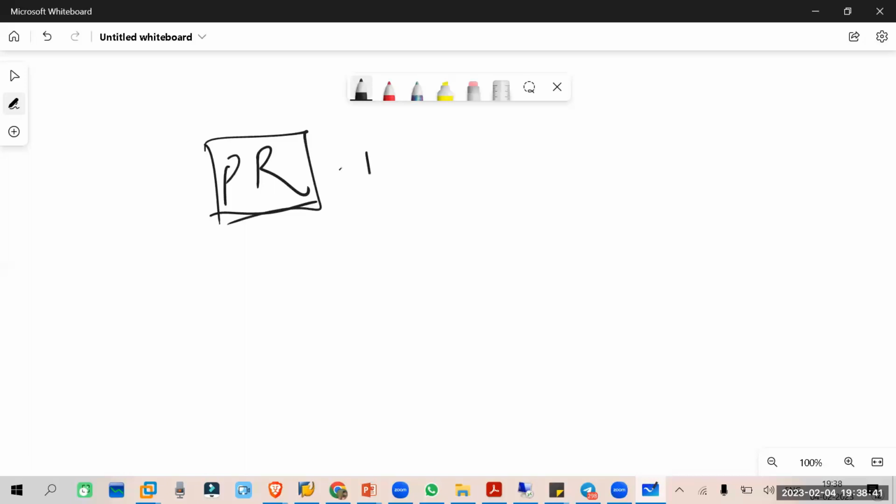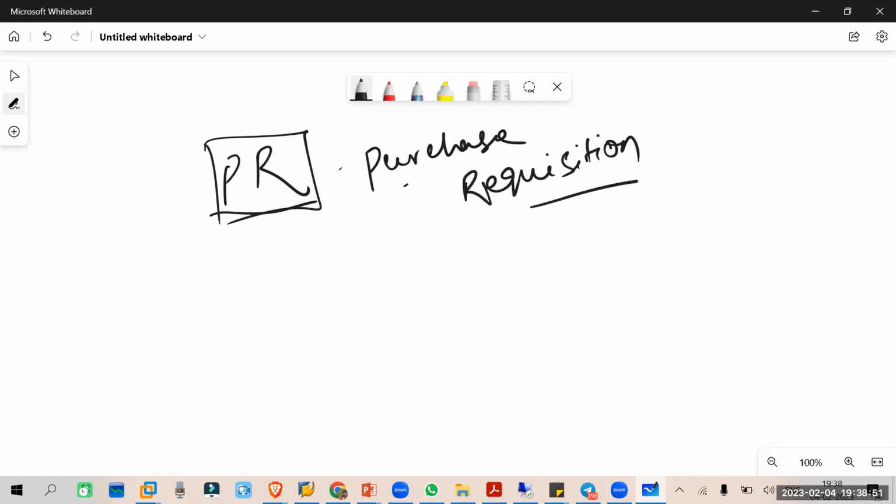What is a purchase requisition? It is an indent for required material. It is a requisition. Whenever you require a material, one requisition will be developed. So we call it a purchase requisition.